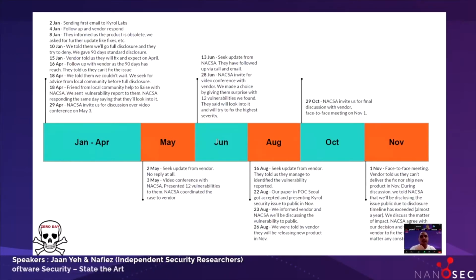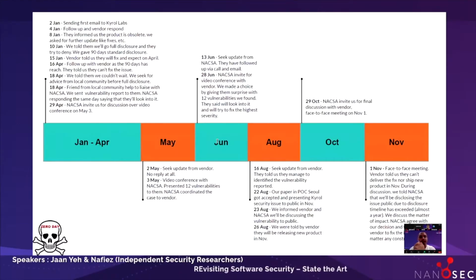From our side, we just followed up however we could, but the enforcement was done by NACSA itself. Of course, we asked NACSA for updates again, and they told us that they followed up with the vendor via call, email, and so many mediums, even a phone call, but none of it got a response.